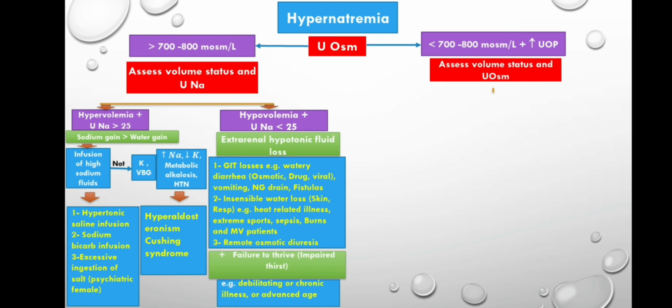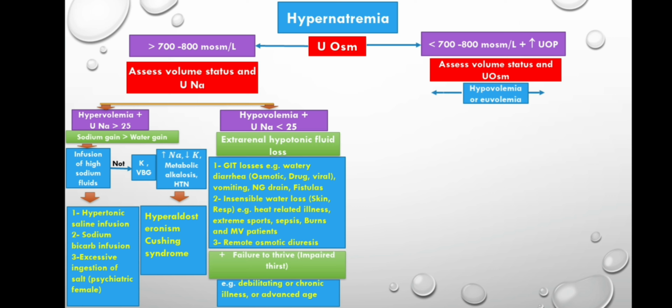On the other hand, if the urine osmolarity is less than 700, again assess volume status and urine osmolarity. Usually the patient will be hypovolemic or euvolemic, because the patient will be polyuric and urine output will be higher.